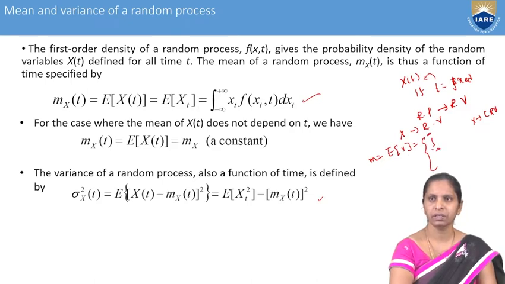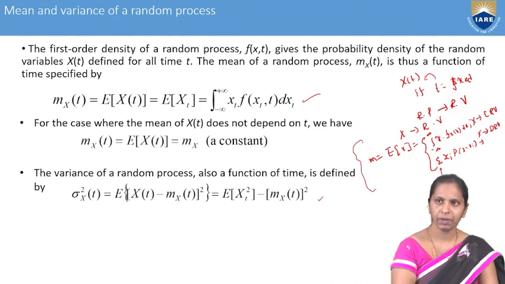The expectation of any function is that function into the density function fx of x dx. So this is the case if x is my continuous random variable. Now if x is a discrete random variable, then what is the mean of the random variable x formula? Sigma over i of xi into p of x equals xi. So this is if x is a discrete random variable.